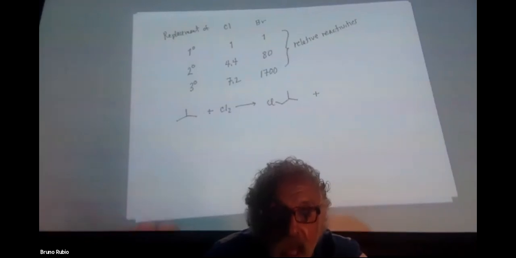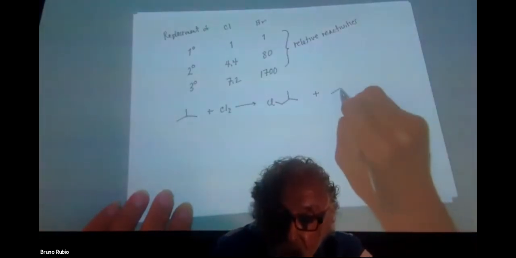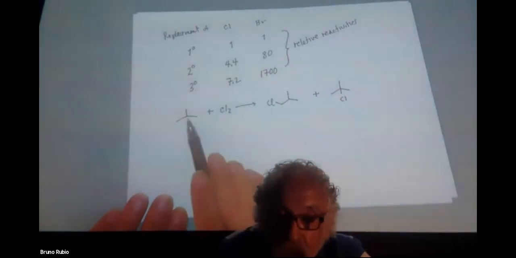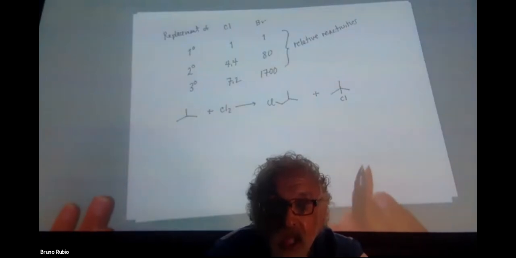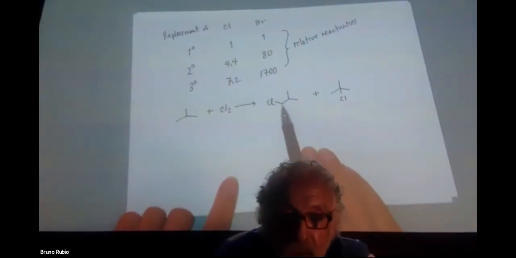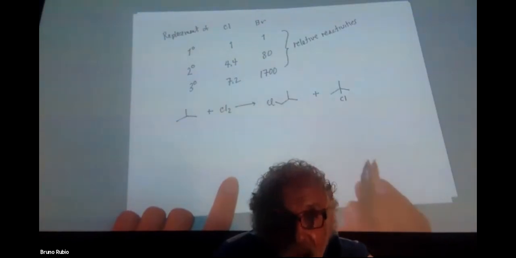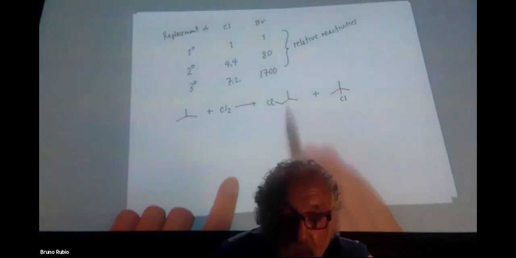The 3 hydrogens of a methyl group are all equivalent to each other. And this molecule would give 2 NMR signals, one for these 9 methyl protons, and one for the hydrogen that lives there. So there are the 2 products, but we have to take into account a statistical factor. This is a primary replacement, but there are 9 equivalent hydrogens that can be replaced to give this very same product.